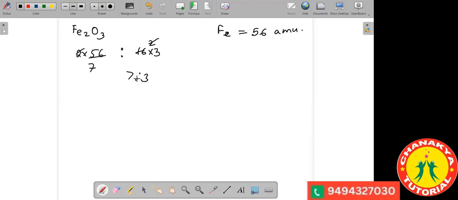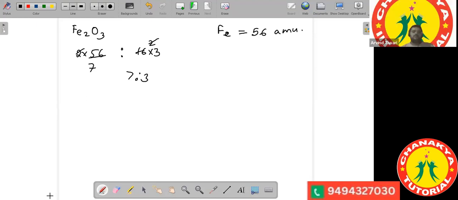So up to now we have done finding out the ratio. So what all we have done up to now. We are now left with Dalton's atomic theory. Are you able to get it?